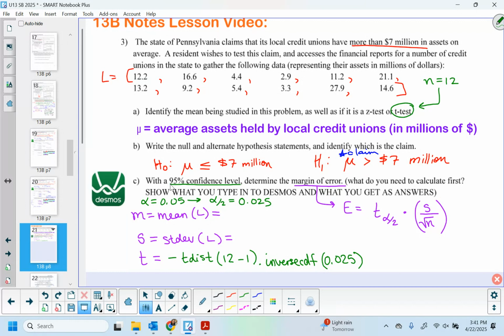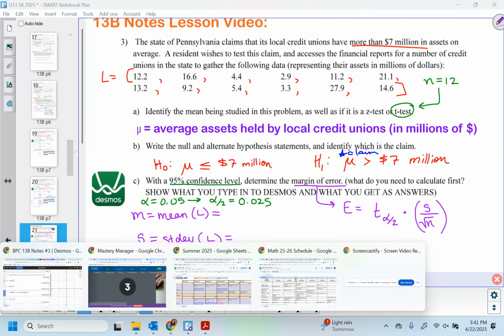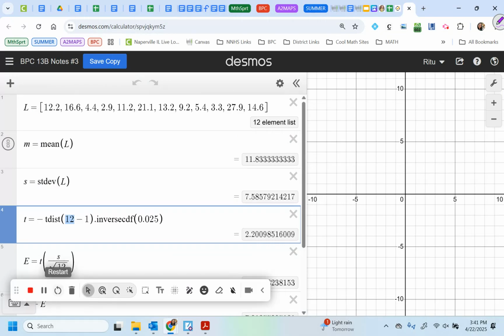Okay, so all three of those I get from my Desmos here. So my mean is 11.83, my standard deviation is 7.59, and my t-dist is 2.20.